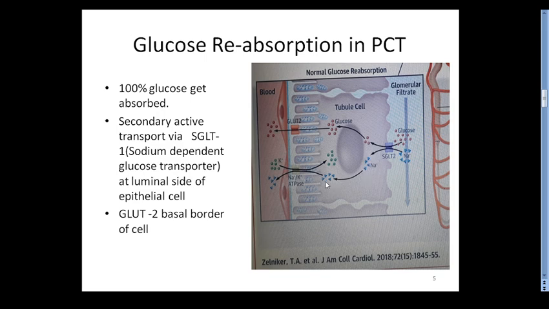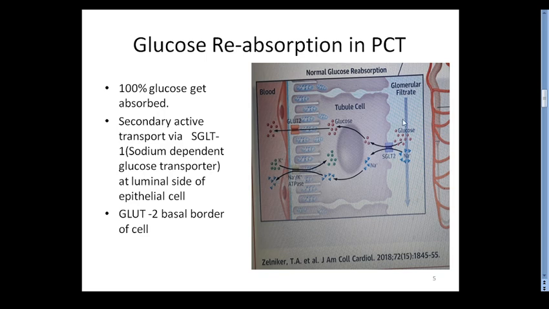The sodium ion is again pumped out of the cell by the sodium potassium ATPase pump, and the glucose is pumped out of the tubular cell via the GLUT receptor into the blood vessels. So this is the process by which from the glomerular filtrate the glucose and sodium ions are reabsorbed into the blood.